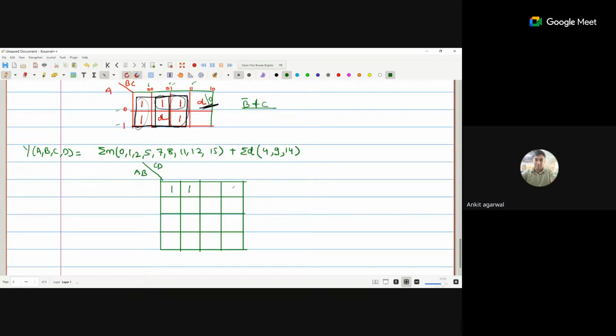Zero, 1, 4, 5, 7, 6, 8, 9, 11, 12, 13, 15, 14. Now what is the condition? 4, 8, 9.